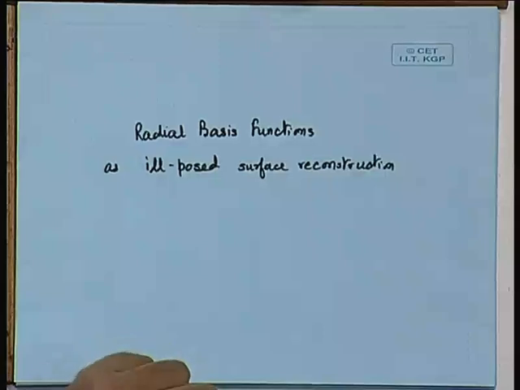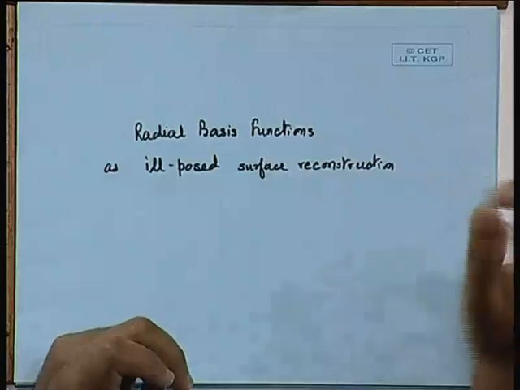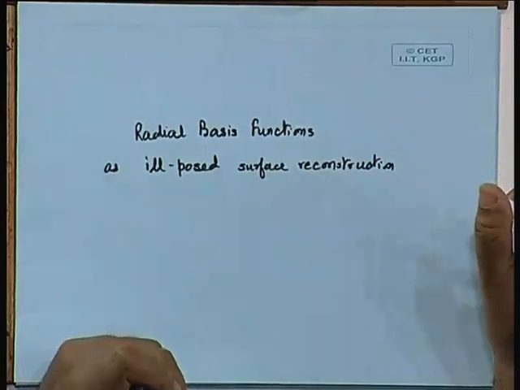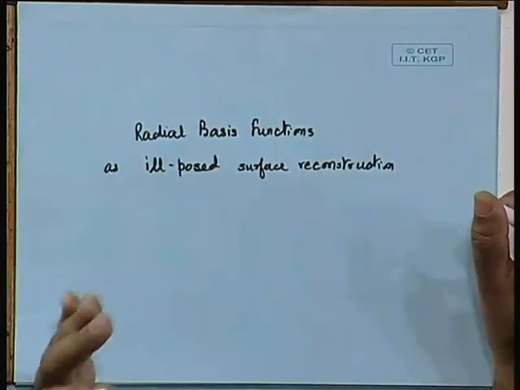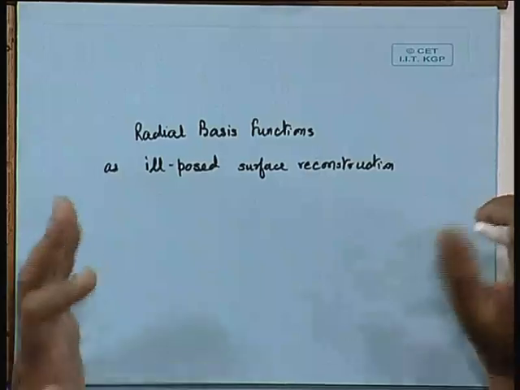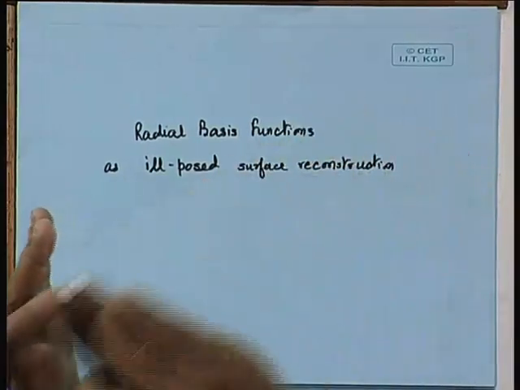The whole problem is a new look at the training of a multilayer perceptron, in the sense that we are looking at it exclusively from the point of view of surface fitting.